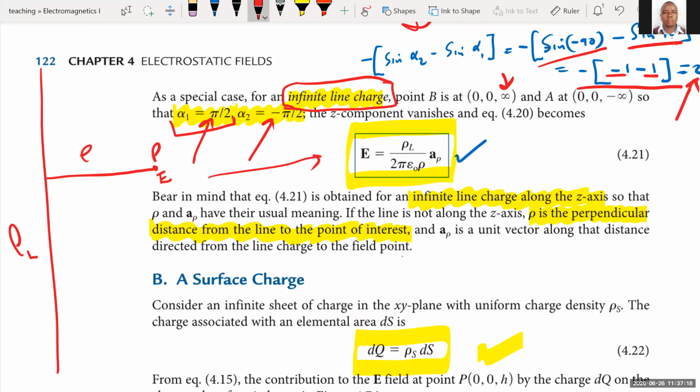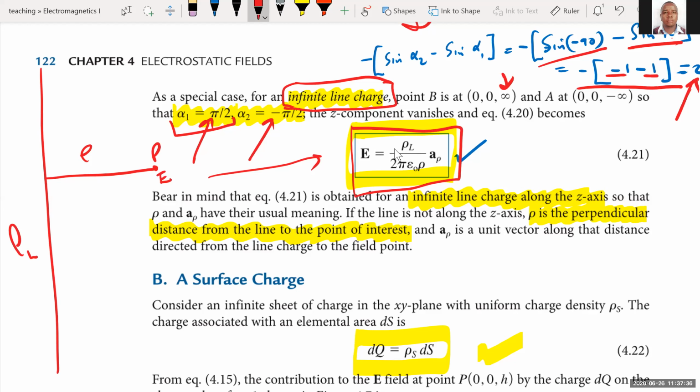Without saying very many words, that summarizes that lengthy derivation. In your own time, you can always look at it, but the most important equation that you should remember and be able to utilize is this one.